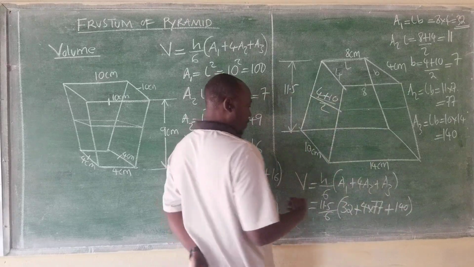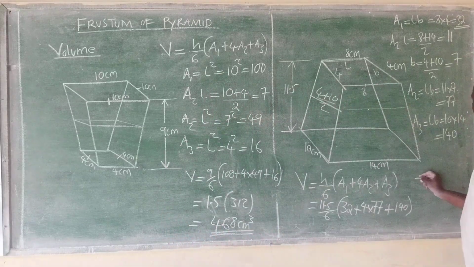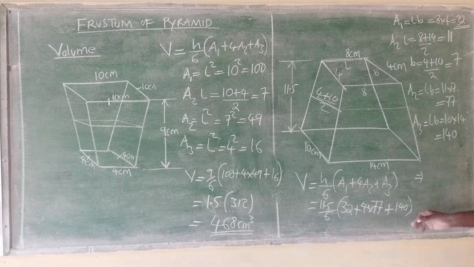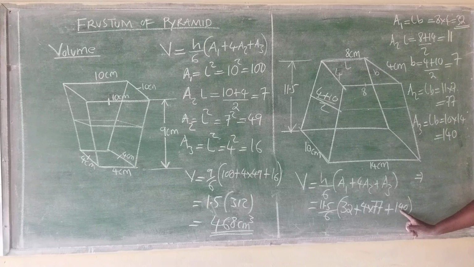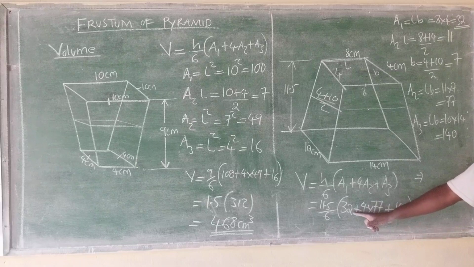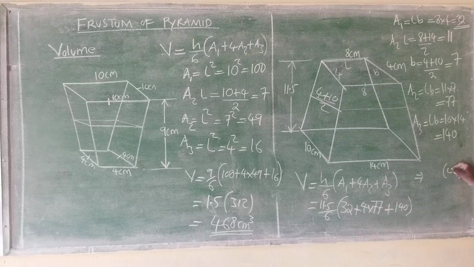Okay. So how do we simplify this one now? We're running out of space. So 4 by 77 is giving us how much? 308. Plus 140, 448. 448 plus 32, 480. Okay, so you have 480 like this.